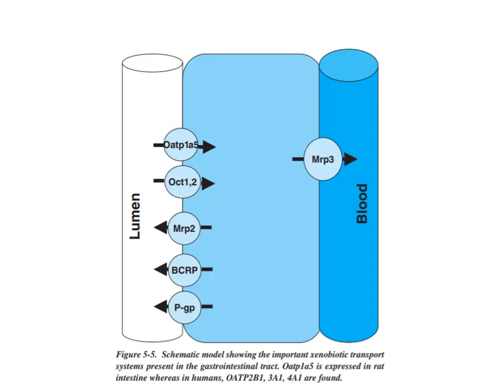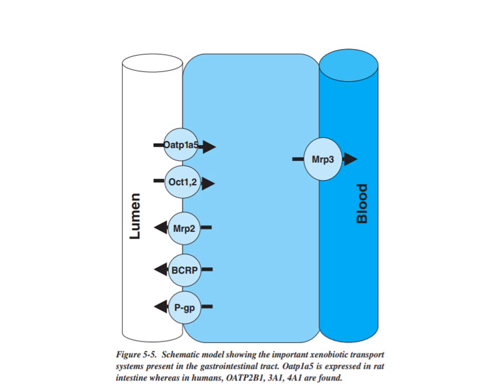So this is the layout scheme of how the organic anion and cation transporters are present. This is the lumen, that is where your food comes in, so your xenobiotics also come in. This is the enterocyte, and these are the transporters present on the enterocyte. The organic anion transporter and organic cation transporter absorb weak organic acids and organic bases, provided they are present in the unionic form.